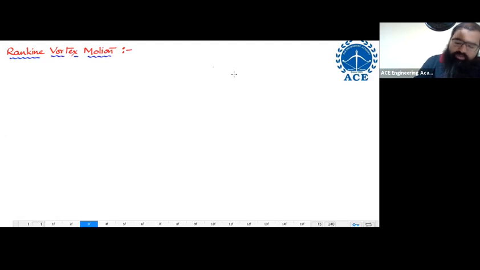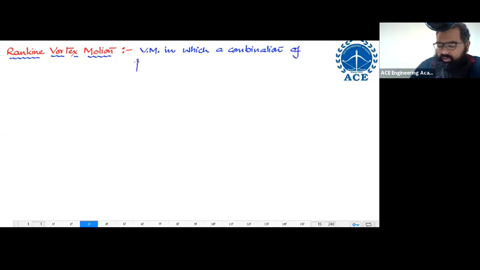So how do we define this Rankine vortex motion? We can say Rankine vortex motion is a vortex motion in which a combination of free vortex and forced vortex takes place.